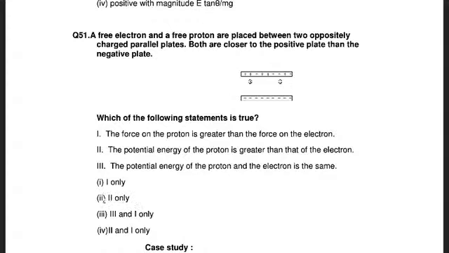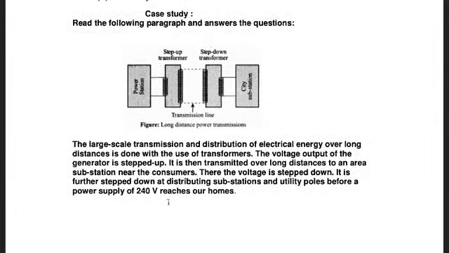Case study. Read the following paragraph and answer the questions. Here they give the figure: long distance power transmission, power station, city substation, step up transformer, step down transformer, transmission line. Large scale transmission and distribution of electrical energy over a long distance is done with the use of transformers.